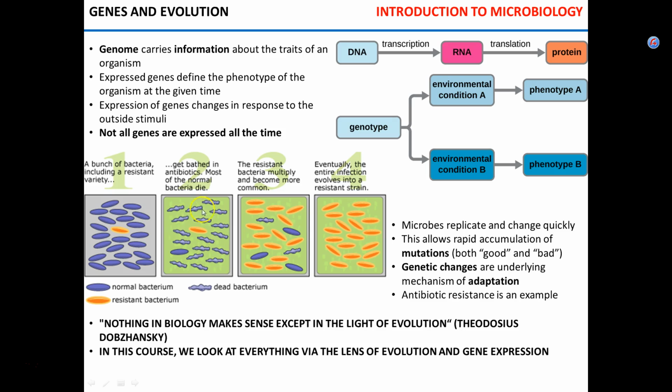Antibiotic will kill the bacteria that are not resistant, but resistant ones will survive. Does that make sense? And then resistant ones, of course, will take over, and you have a population of entirely resistant bacteria. That makes sense?